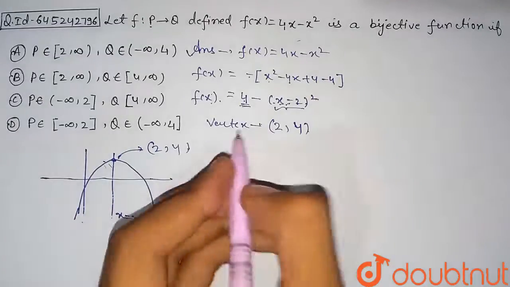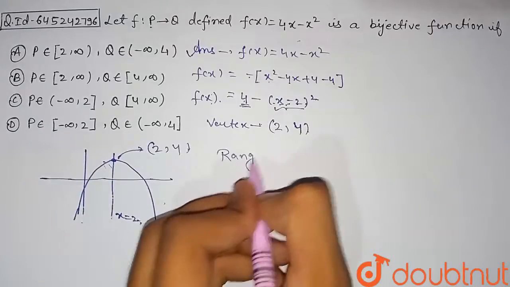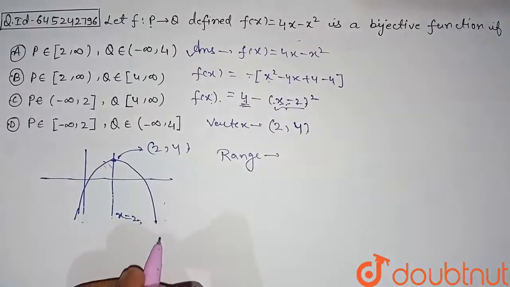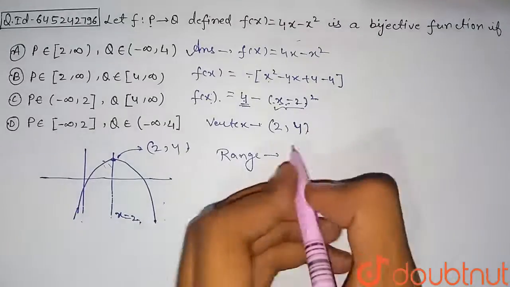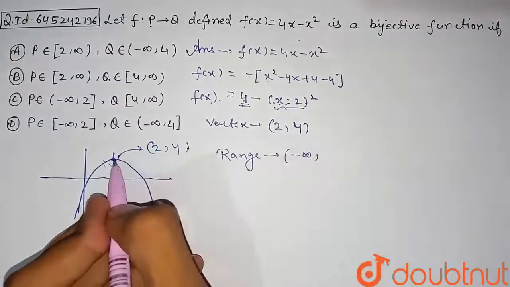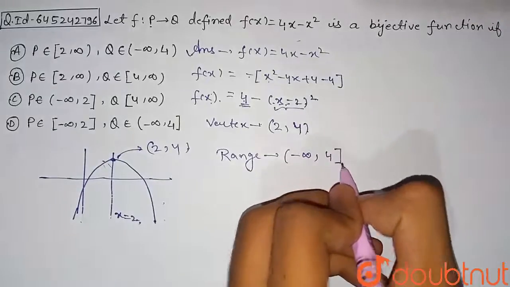The range of this function varies from minus infinity, because downwards this graph tends to minus infinity, up to the maximum value y equal to 4. So this is the range.